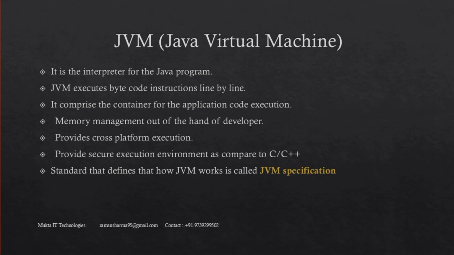Executing line by line does not mean it takes too much time. The application could create multiple threads or background threads, and the JVM can also create multiple threads when executing. But the base is that it executes the bytecode line by line.